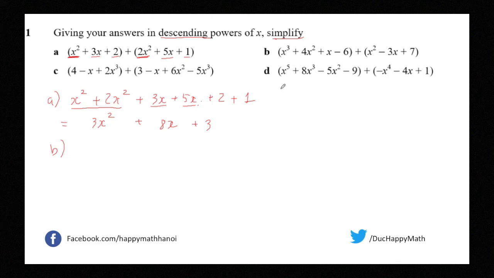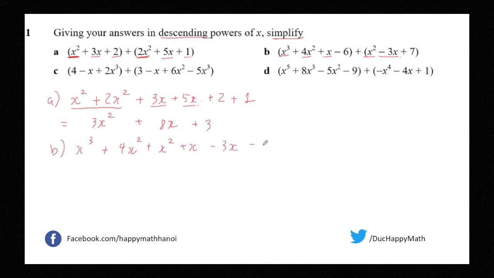In question B, we have x cubed, but in the whole expression you have only 1 x cubed. How about x squared? You have 4x squared in the first bracket and x squared in the second bracket. For x to the power 1, you have x here and minus 3x here.